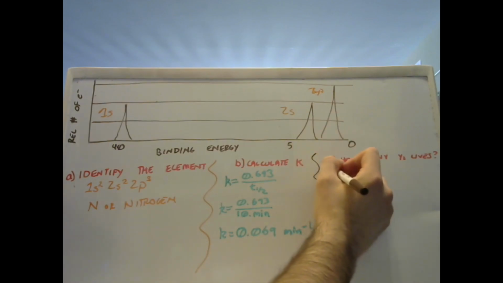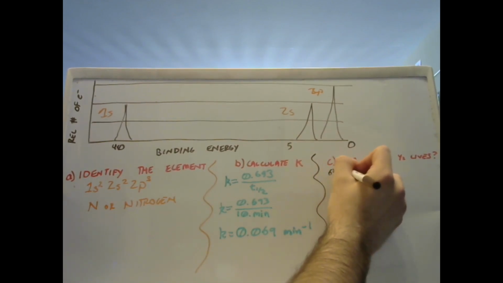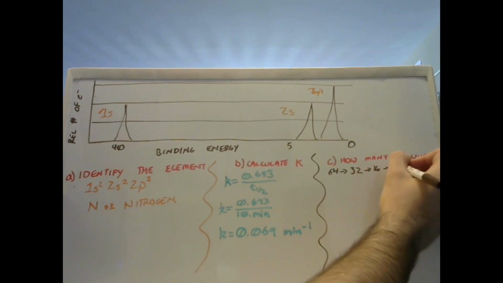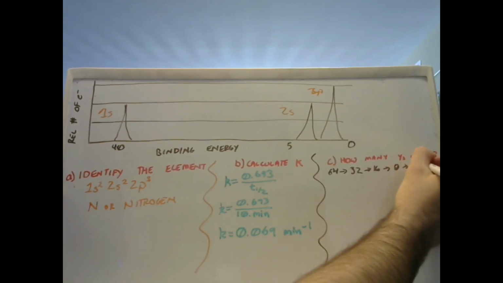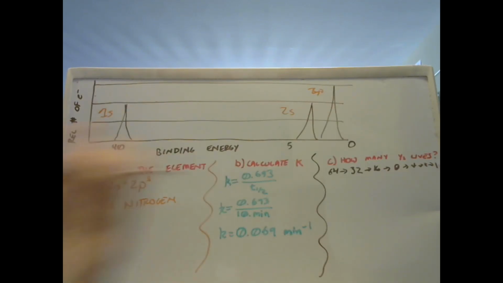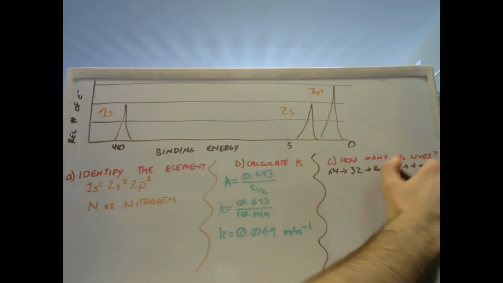If I start with 64, I halve it, I go to 32. I halve it again, I go to 16. I halve it again, I go to 8. Halve it until I get to 1. Then I count how many steps that is. That is 1, 2, 3, 4, 5, 6 steps, or 6 half-lives.